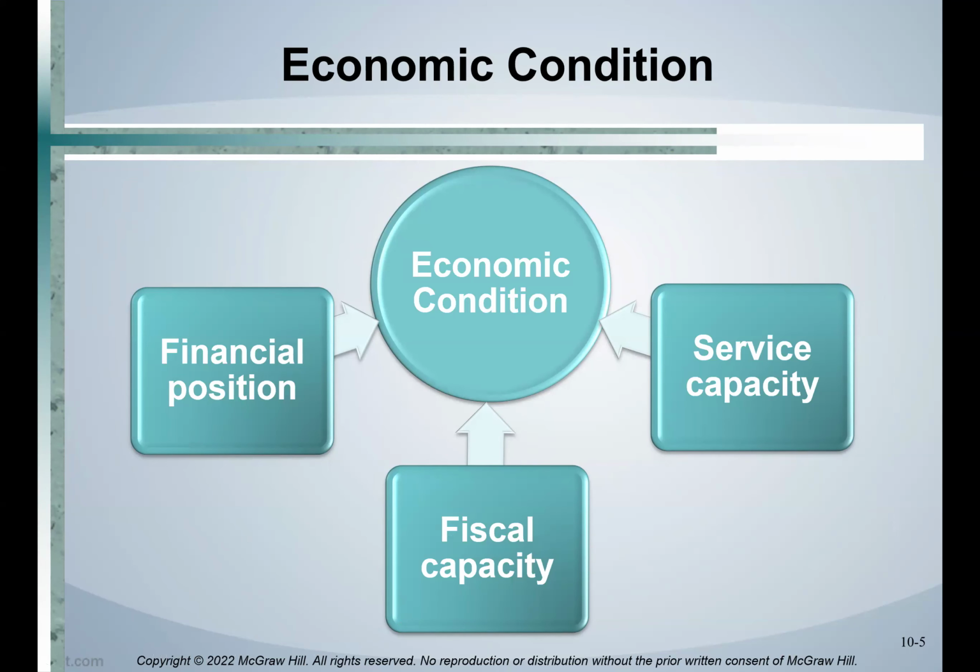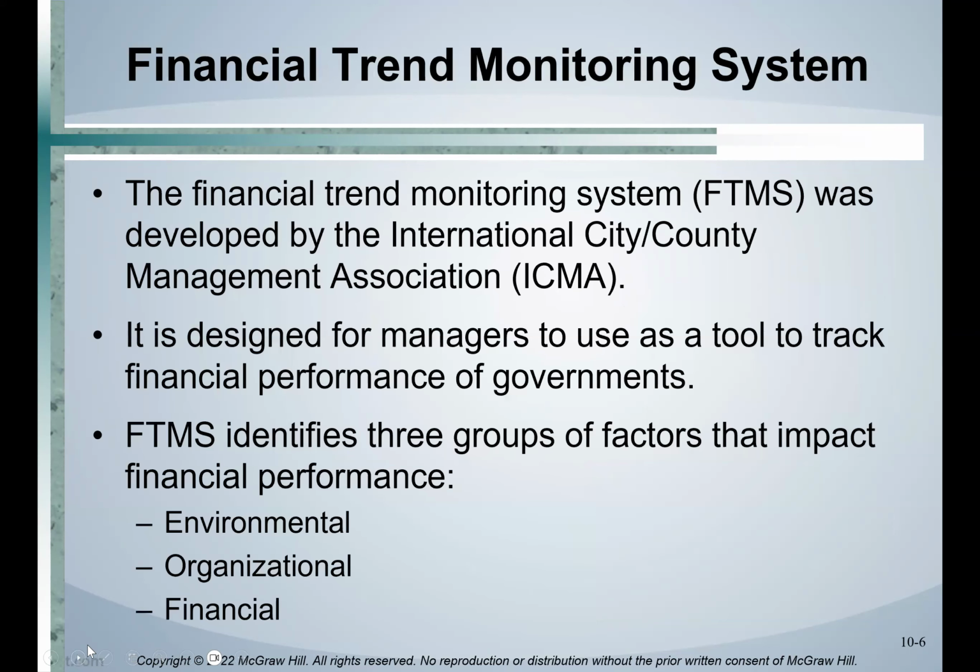So we can see the different factors that affect the economic condition: financial position, the fiscal capacity, the service capacity. And then the financial trend monitoring system was developed by the International City County Management Association.